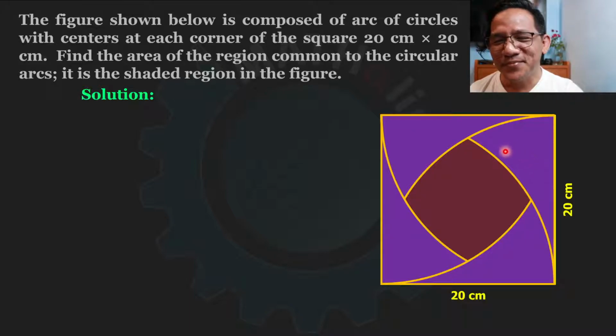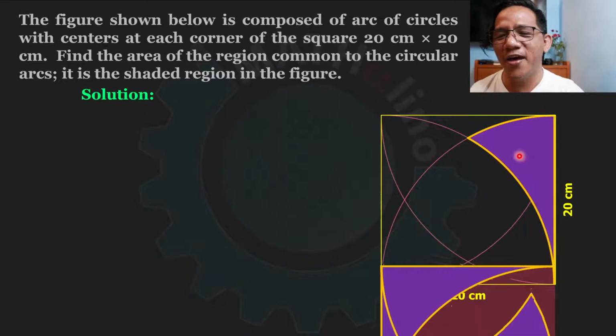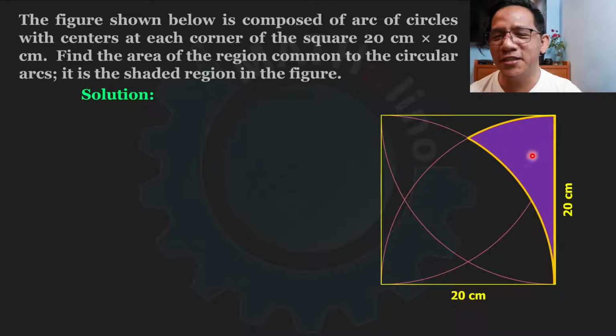Then let us concentrate on solving this one area only. Take note that we are going to multiply this area by 4 so that we can find this area here.